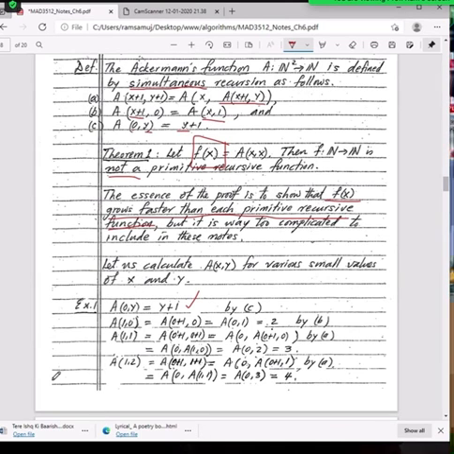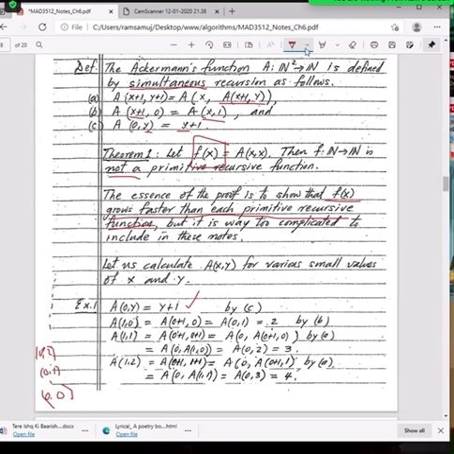Here is 0 comma 0, and then 0 comma 1, and 0 comma 2, and you can keep going up.